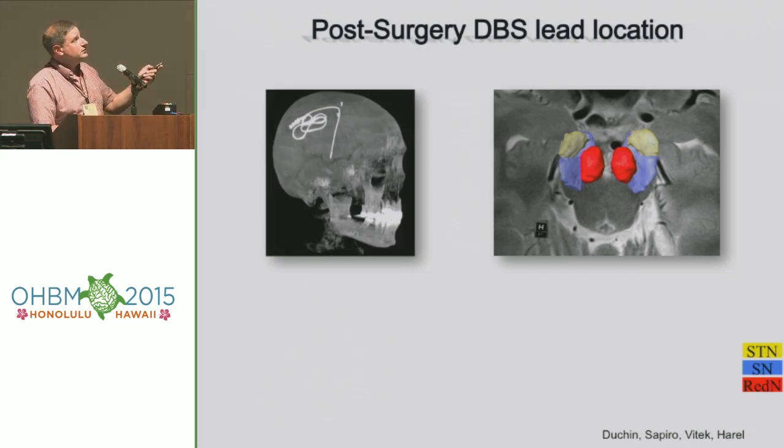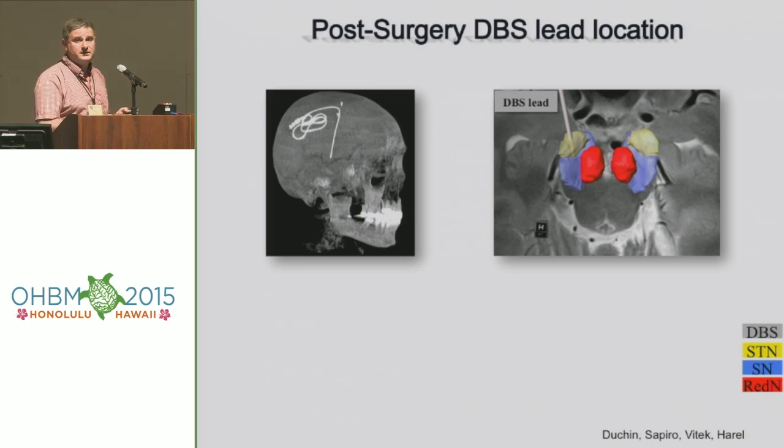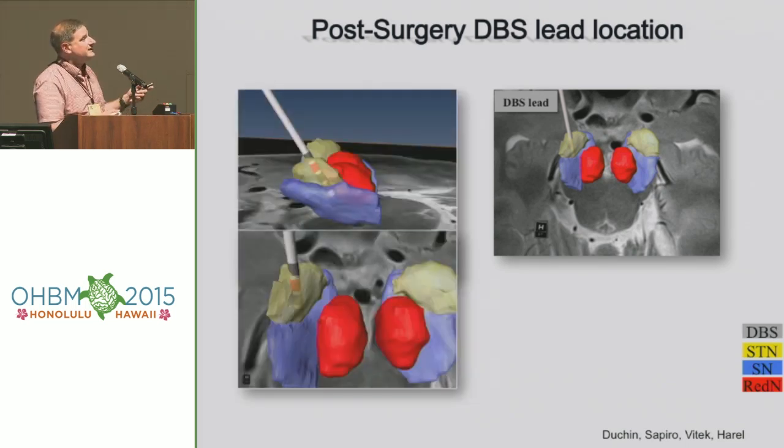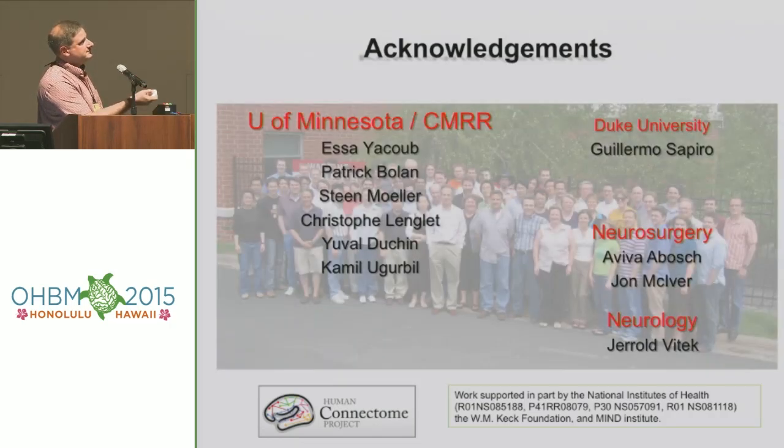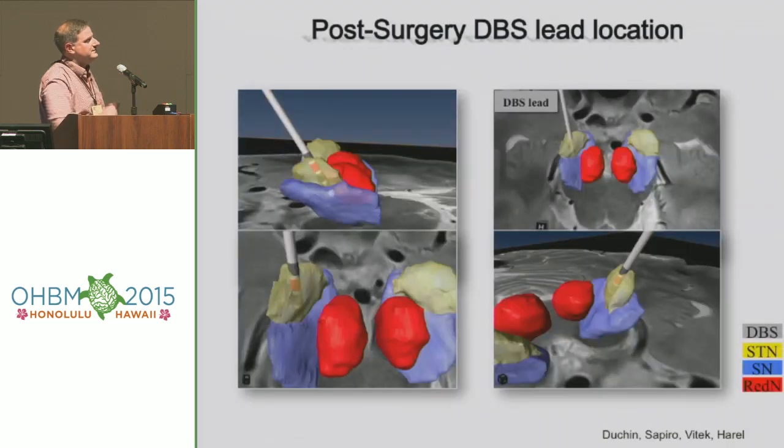After surgery, we take a post-op CT and merge the two together. What does that do for us? That gives us an indication of exactly where the electrode ended up in the target. Because you have patients that respond beautifully when you turn stimulation on and off, and patients that don't respond, and the question is why, what's the problem?